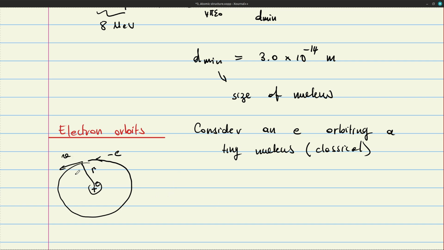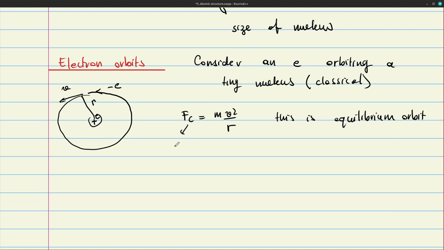We know that in circular motion, the balance is between this central force and the Coulomb interaction, when F Coulomb is equal to mv squared over R. This is the equilibrium orbit, and F Coulomb is 1 over 4 pi epsilon naught e squared over R squared.